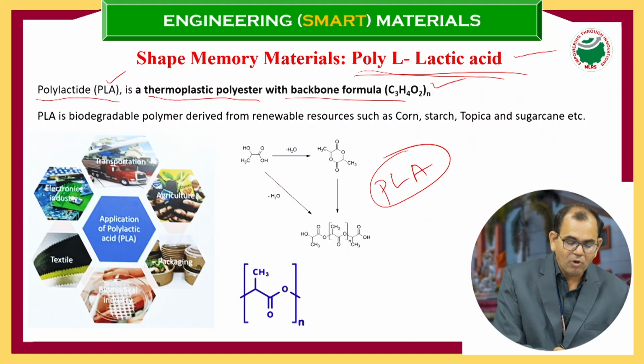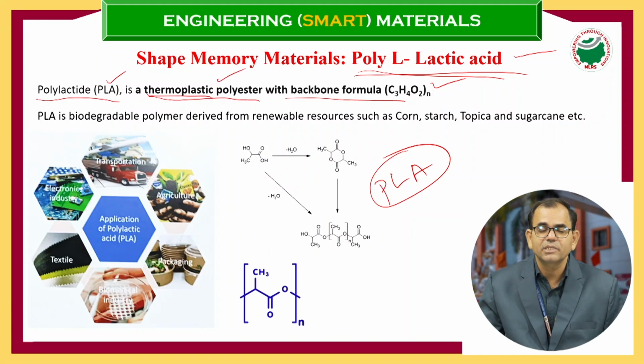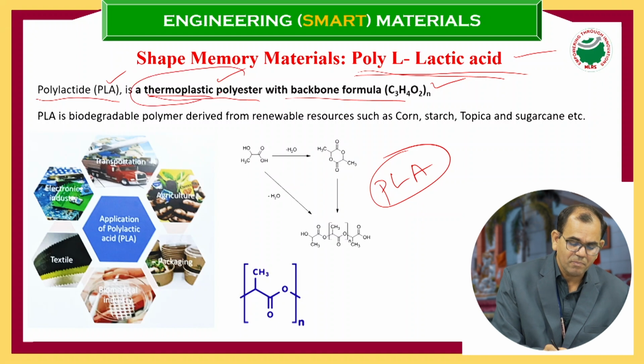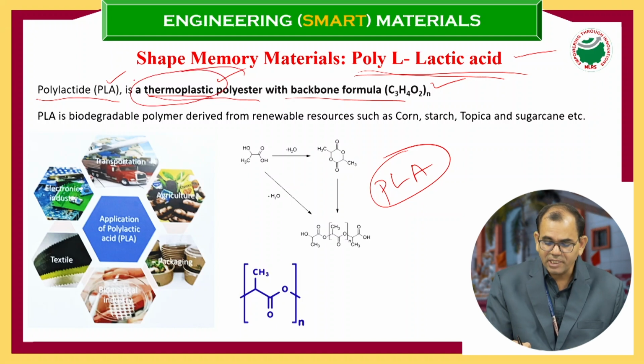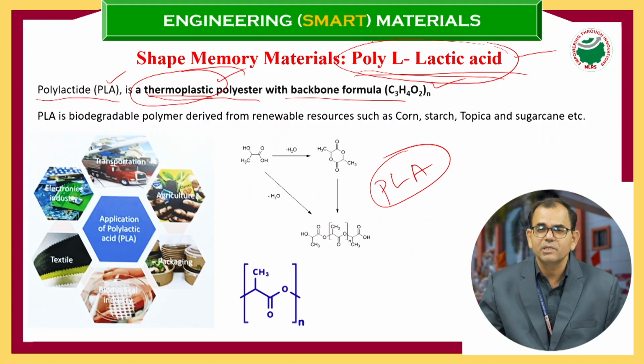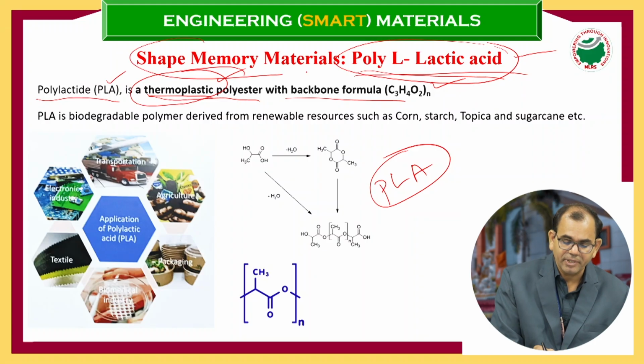Thermoplastic, as I told earlier, is nothing but upon heating it becomes soft, and upon cooling it becomes hard or rigid. That is the characteristic of thermoplastics, and PLA comes under thermoplastic polymers as well as shape memory materials.